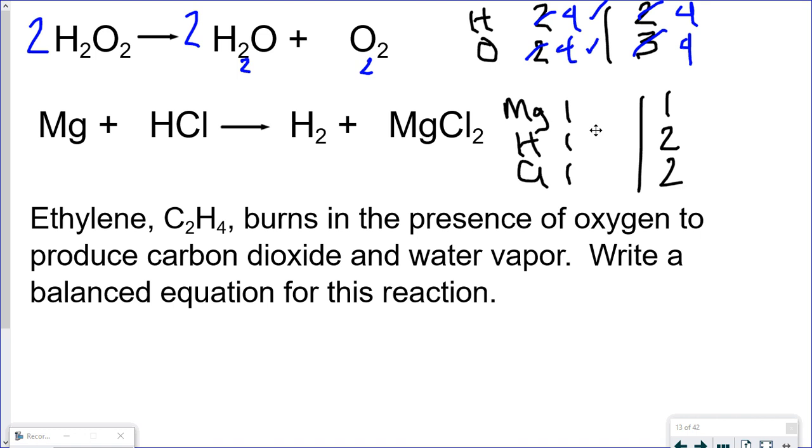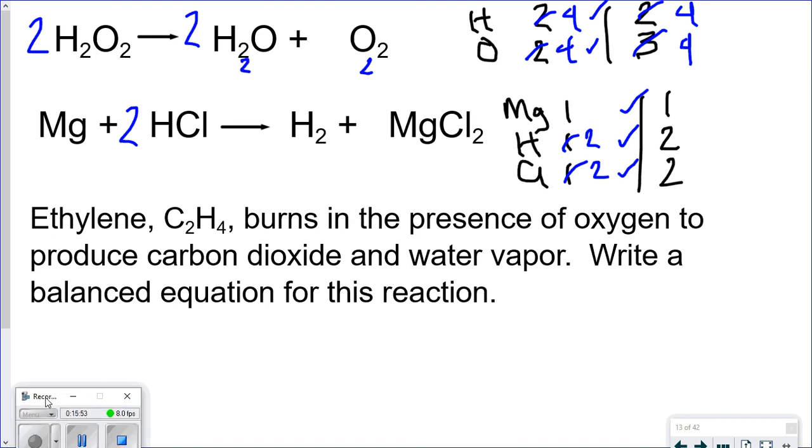So magnesiums match, so let's look at hydrogens. To make them equal, we need to multiply by 2 on our reactant side, which gives us 2 hydrogens and 2 chlorines, so everything is balanced. Let's look at our next example.